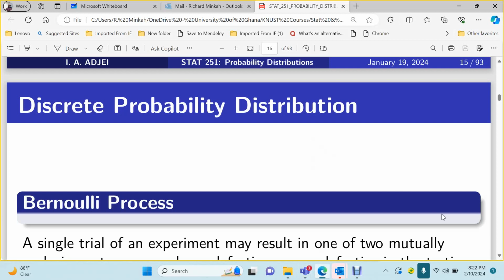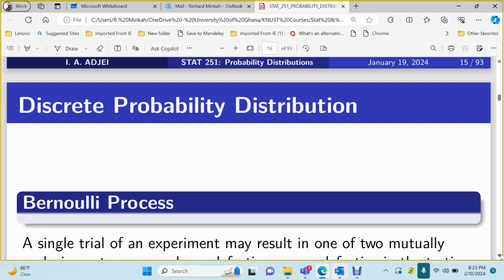Let me see. Okay, so when I have an experiment like in the football match, you throw the coin. A coin will have a head or a tail, right? Or the meteorological services will tell you that maybe it will rain today. So what are the outcomes? It either rains or not, right? I ask you whether you will vote in the next election.